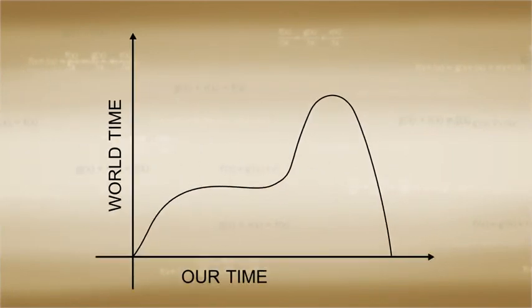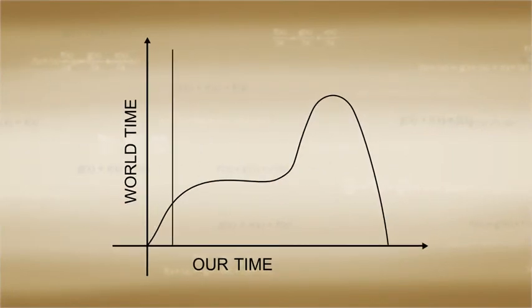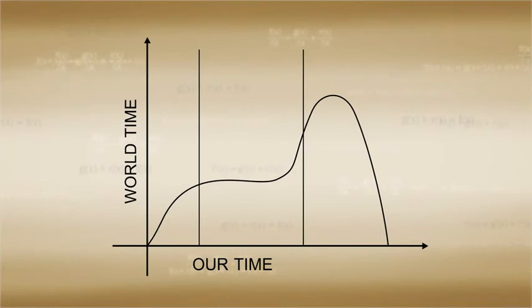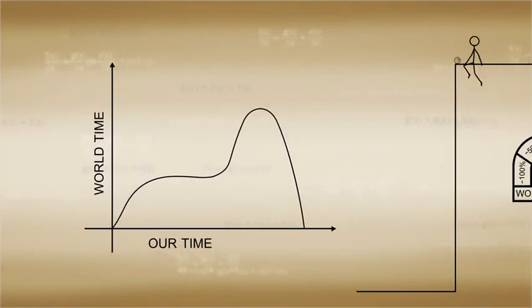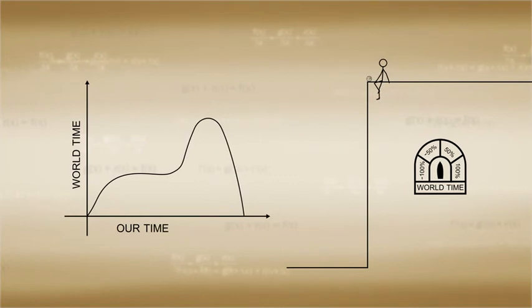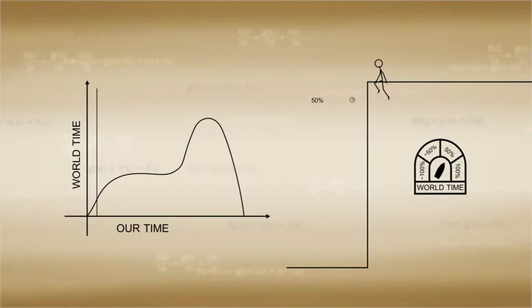We already know what effect the time slowdown or speed up has on the derivative of the function describing the object position. If the speed of world time at a particular moment is half of our speed, then the object will move half as fast. And if the speed of world time is twice as fast, then the object will move twice as fast as well.